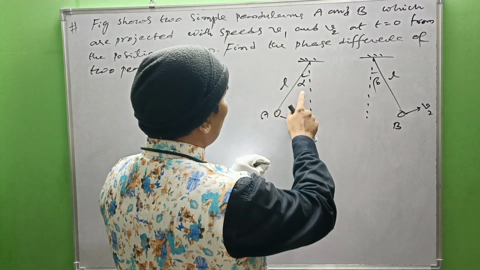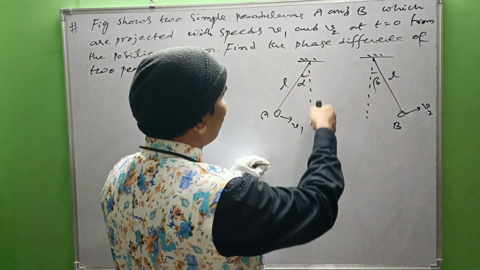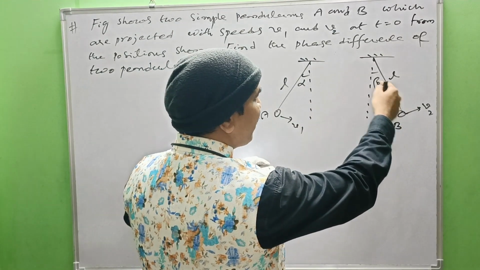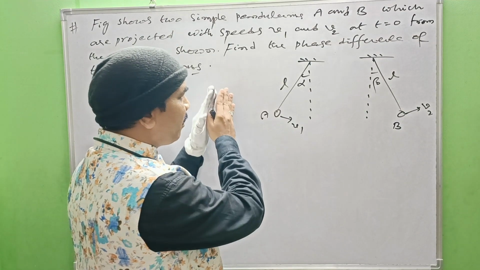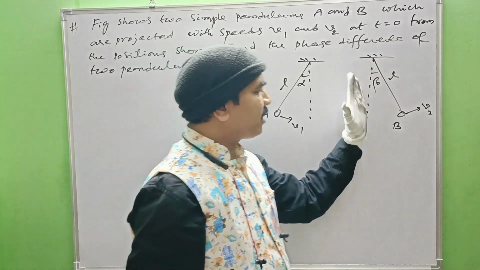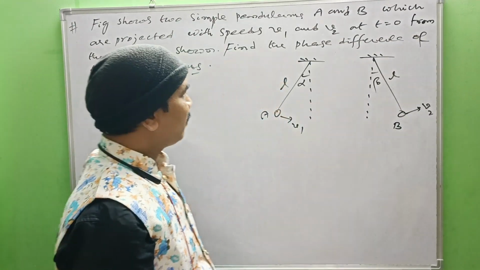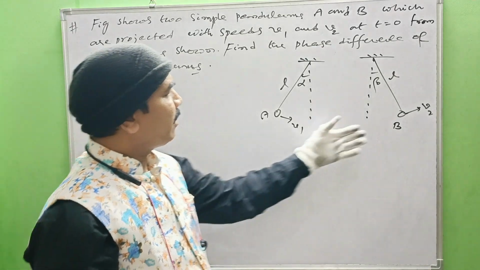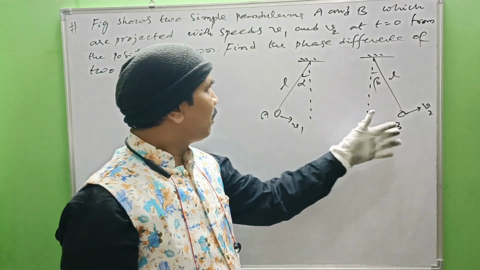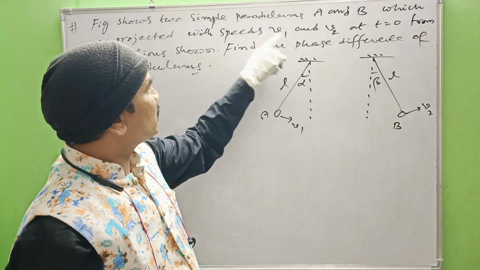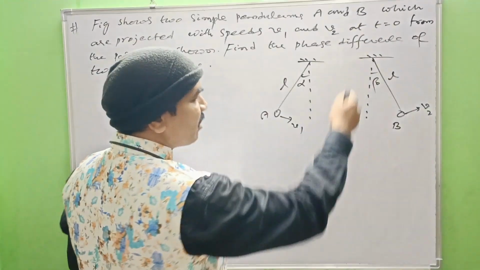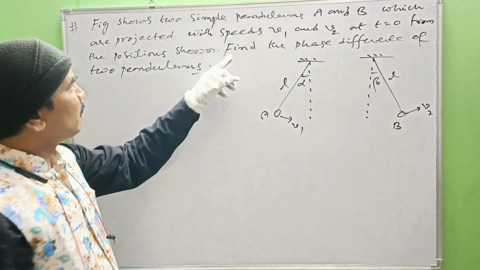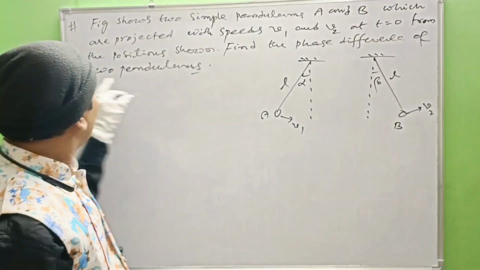Here the string makes an angle alpha with the vertical, and here the string makes an angle beta with the vertical. It is projected towards the mean position here, but projected away from the mean position there. Here it is pendulum A, here it is pendulum B. These two are projected with speeds v1 and v2 at t equals 0 from their respective positions as shown in the figure. Now the question is to find the phase difference of the two pendulums.